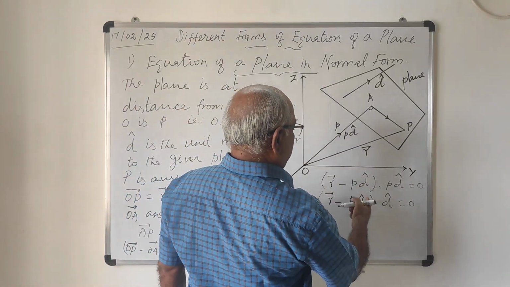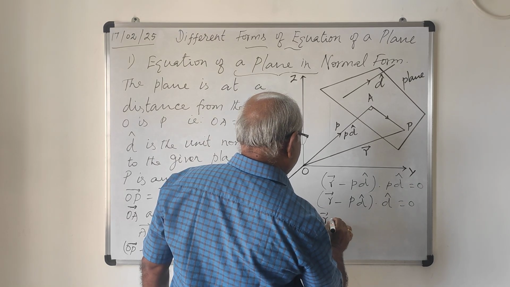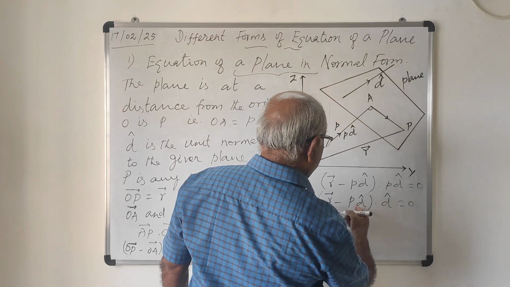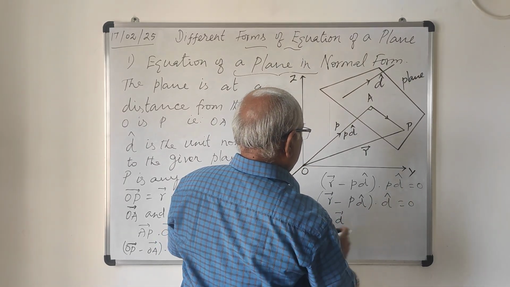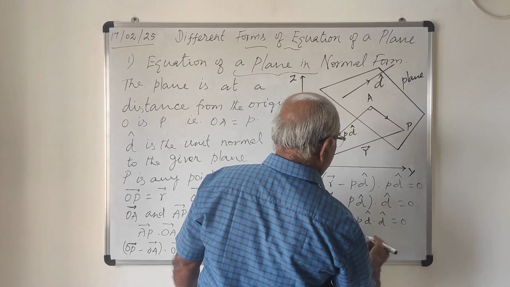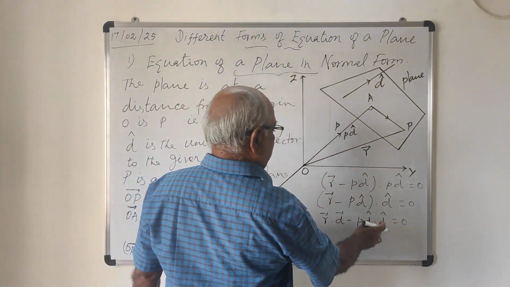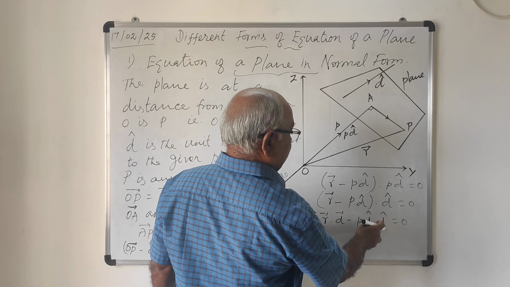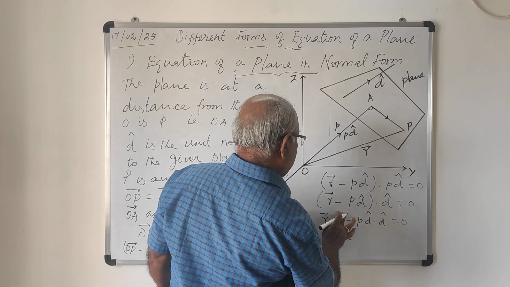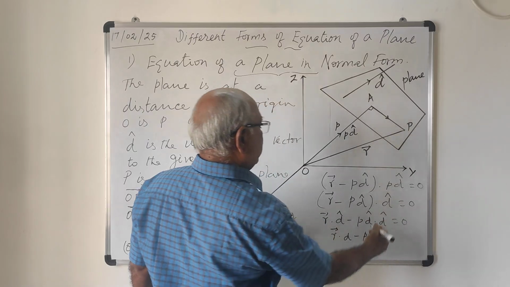So (r minus p d cap) dot d cap equals 0. Distributing the dot product, r dot d cap minus p d cap dot d cap equals 0. d cap dot d cap is 1, since d cap is a unit vector, just like i dot i is 1 and j dot j is 1. Therefore r dot d cap minus p equals 0.